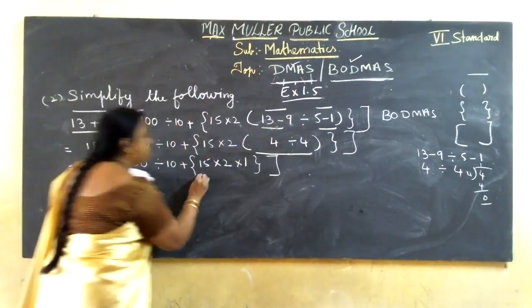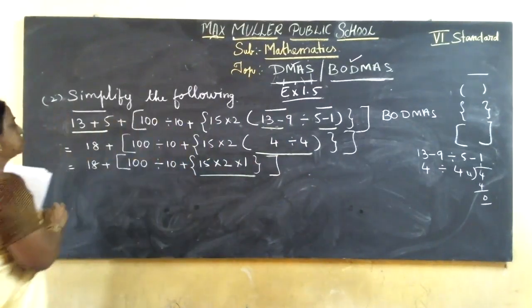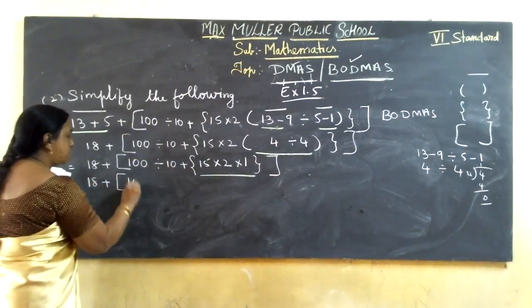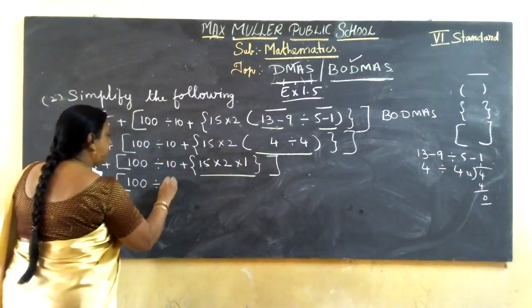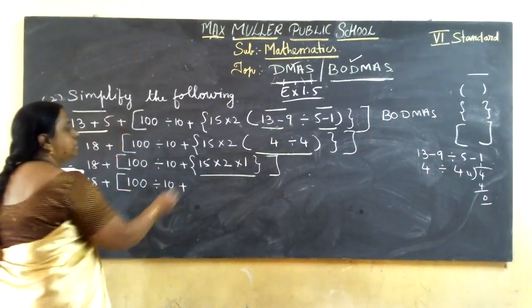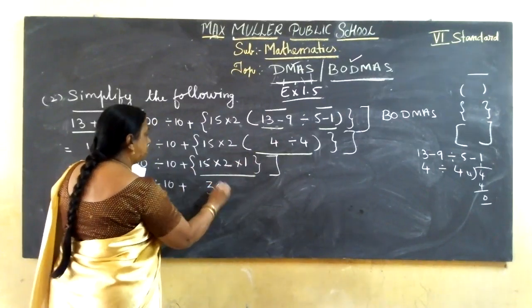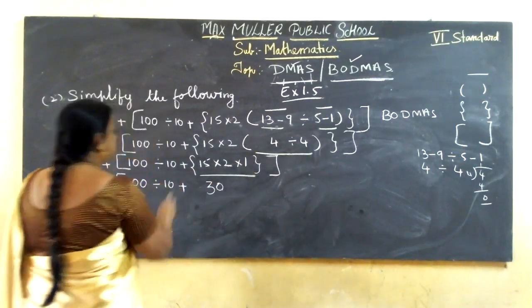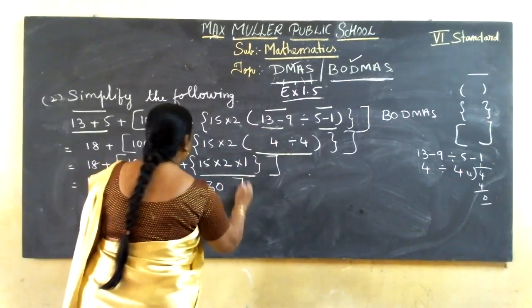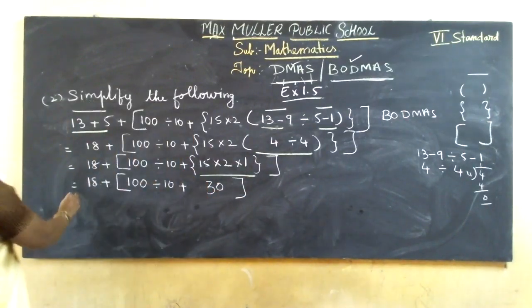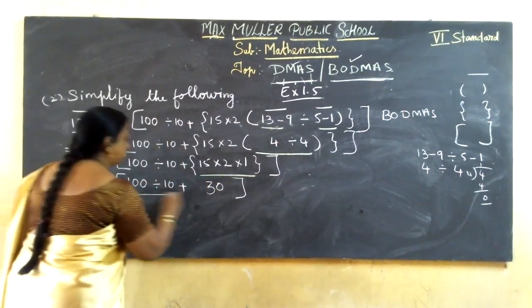Next you should solve the flower bracket. So here 18 plus 100 divided by 10 plus, now 15 2s are 30, 30 ones are 30. So 30, close this bracket. Now next you should solve this bracket.